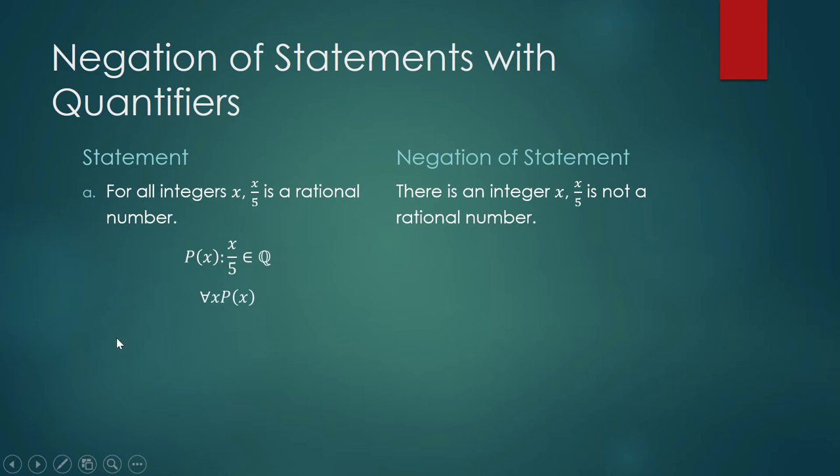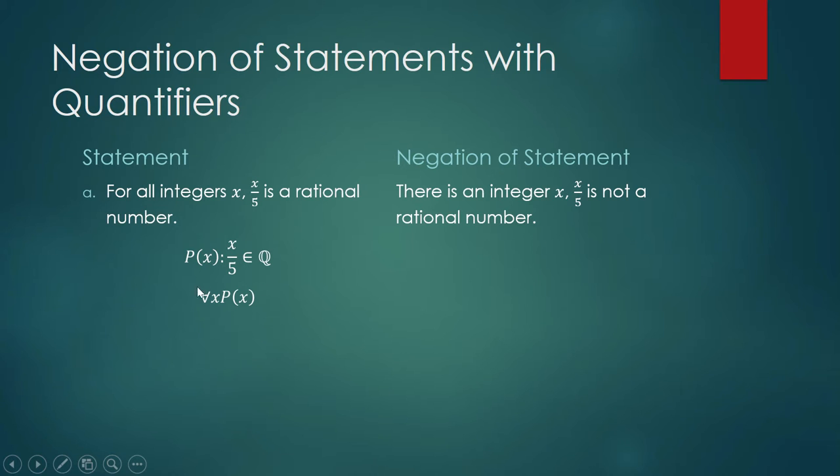If we were to use our symbolic logic, P of x is a statement about x. In this case, x over 5 is said to be an element of the set of rational numbers. How do you read this? This is a quantifier plus a statement about x. We are assuming x to be an integer.